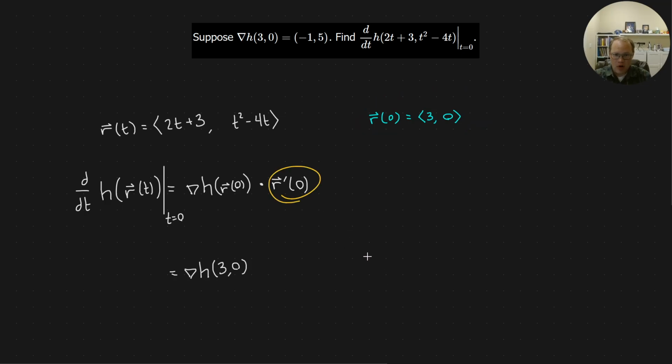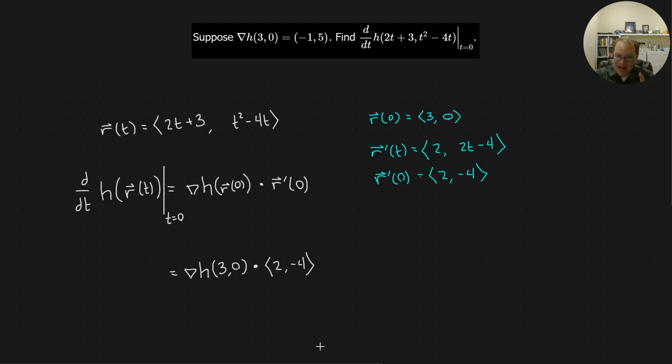And then here I want r prime of 0, so I'm going to need r prime, aren't I? So let's take the derivative of my function r here. R prime of t, I just get (2, 2t minus 4). If I plug 0 in, I get (2, -4). So that's what this is, dotted with (2, -4). And now comes that extra piece of information we have. They did tell us what the gradient of h is at the point (3, 0).